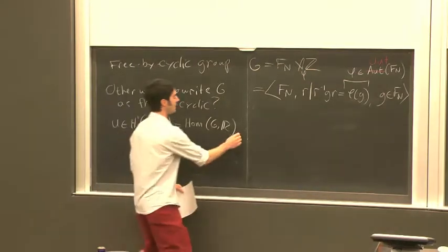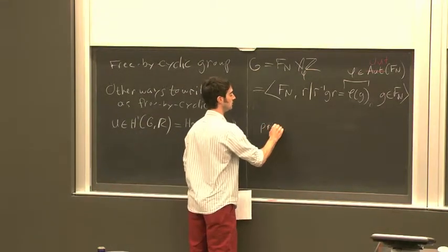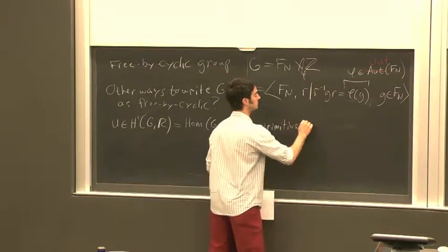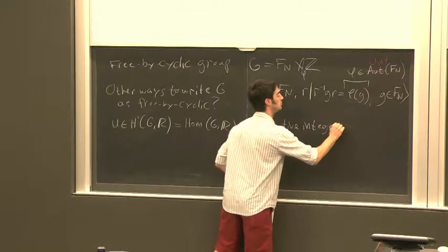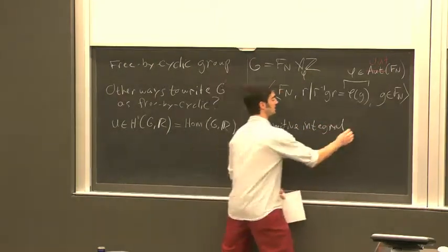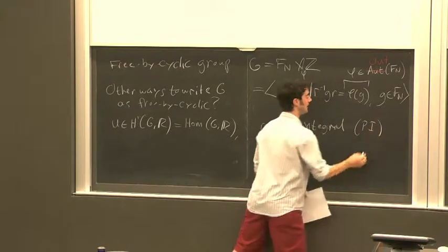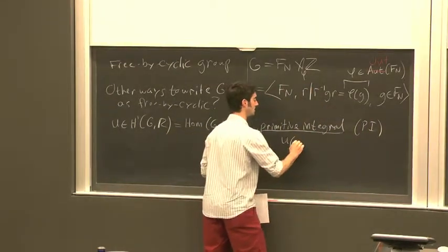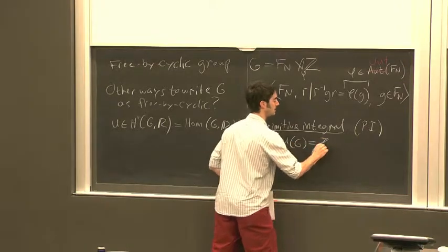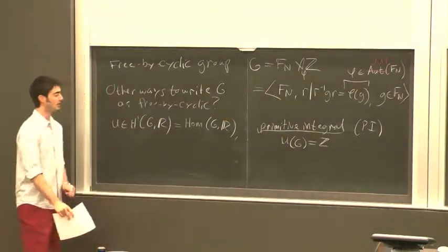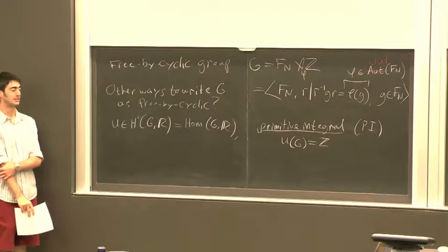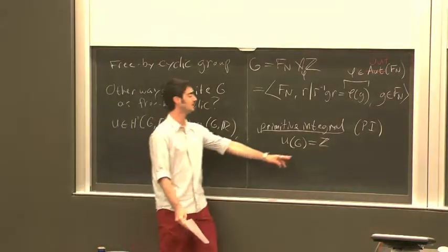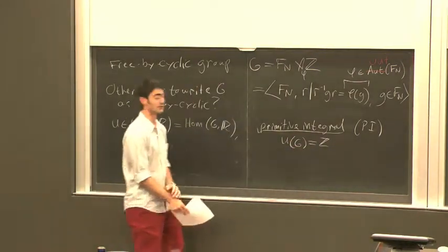So let's say that u is primitive integral, which I'll often denote by PI for short. That means that the image is exactly Z. The image is some subgroup of R, and I want it to be exactly Z. The integral means you land in Z, and primitive means it's surjective onto Z.